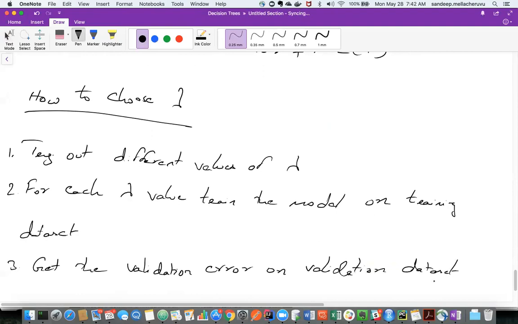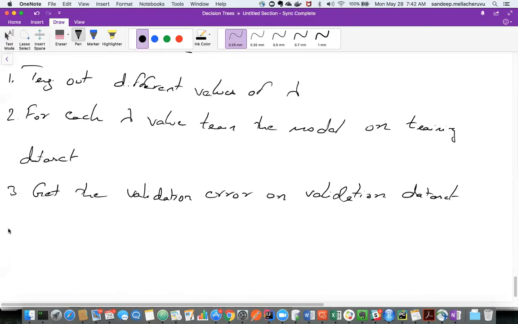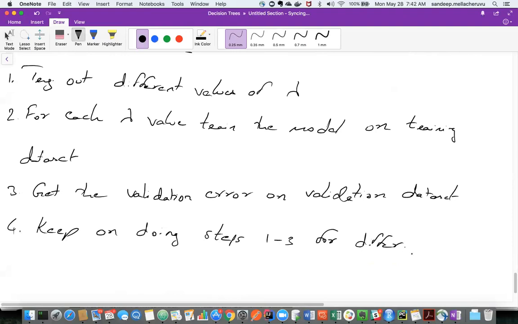Now on the validation dataset, once you get a validation error, keep on doing steps 1 to 3 for different lambda values.